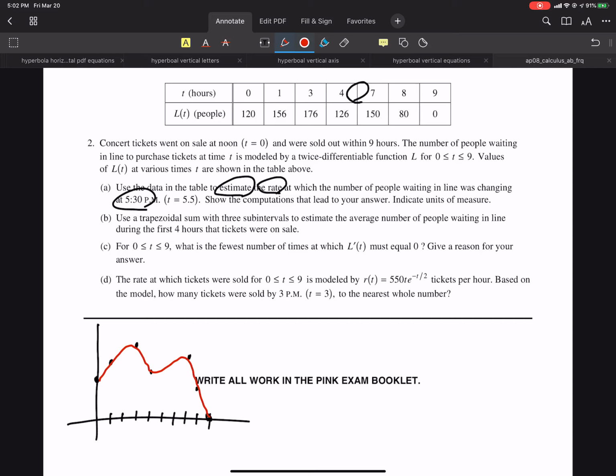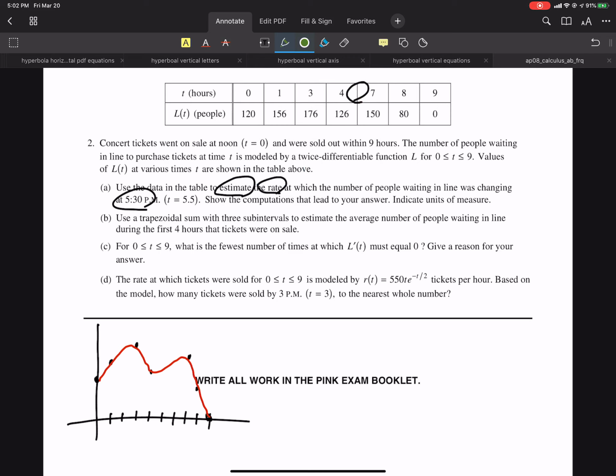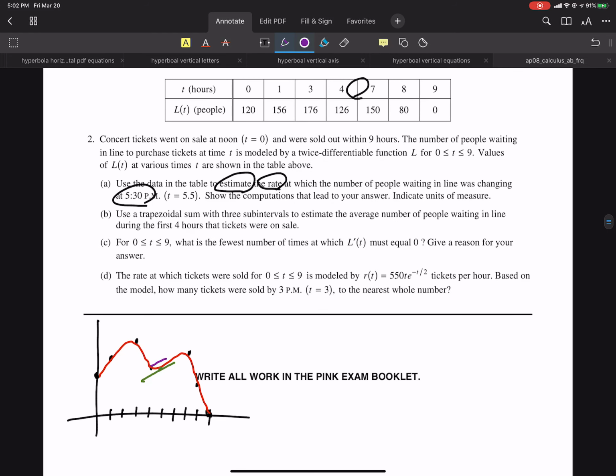And so they want the derivative at 5.5 hours, which we should know is the slope of the tangent line at 5.5. So it's kind of the slope of that tangent line right there. And if you have that mental picture, you should realize that if we find the slope between these 2 points, it'll approximate the slope of the tangent line.